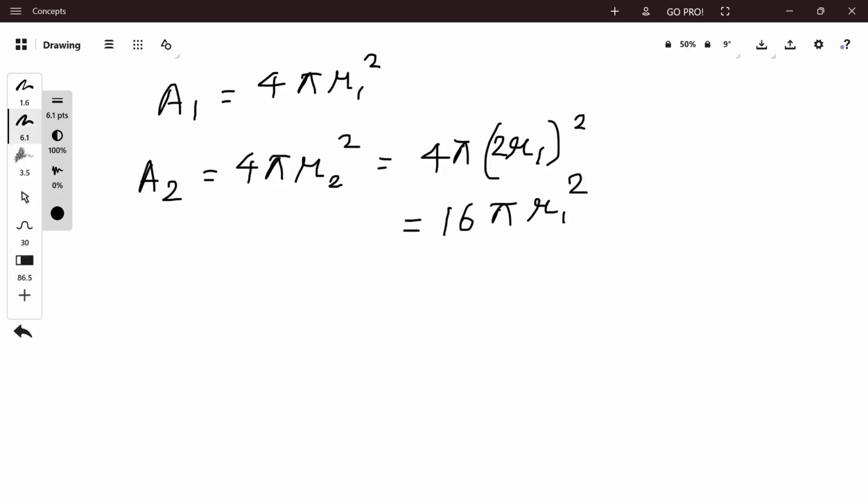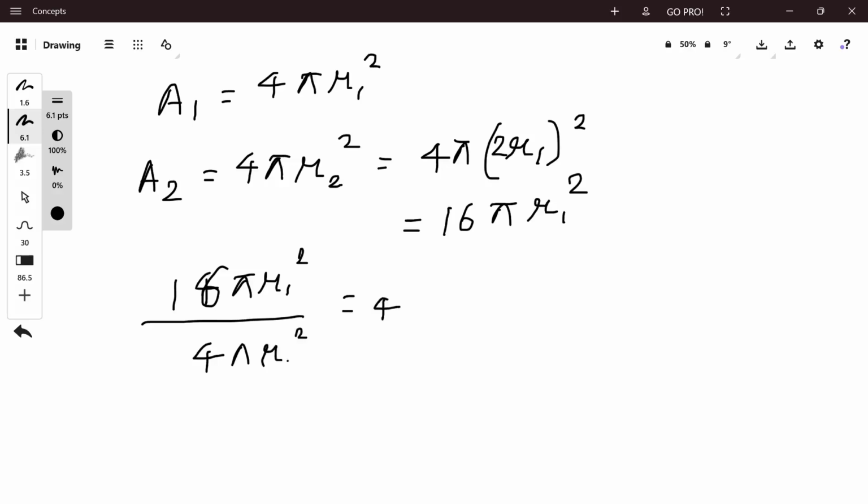The ratio of new area to the old area is 16 pi r1 square upon 4 pi r1 square, which is equal to 4. The surface area quadruples, that is, increases by a factor of 4.